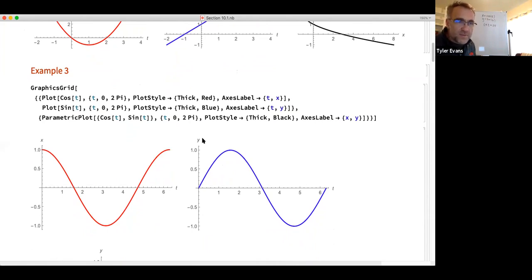As t goes from 0 to 2 pi, the x-coordinate starts off at 1, drops down to -1, and it climbs back up to 1. And while it's doing that, the y-coordinate climbs from 0 to 1, falls down to -1, and then climbs back to 0. So it's not so easy to imagine.